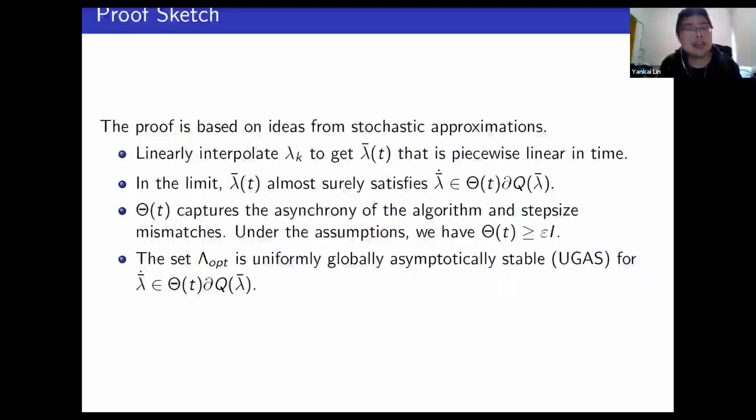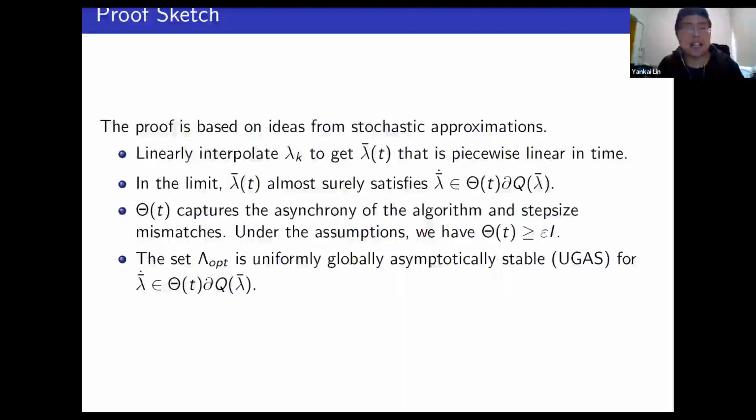And one interesting thing we can show is that under the stated assumptions, theta t is positive definite, and in fact, it's uniformly lower bounded by epsilon I, where epsilon is a positive constant that depends on some of the parameters I showed you in the assumptions.